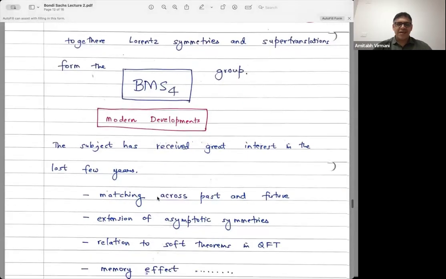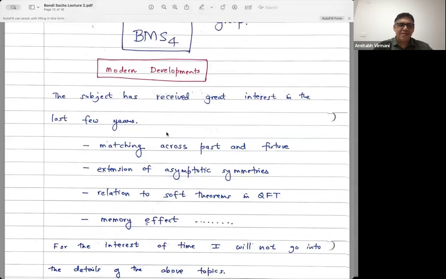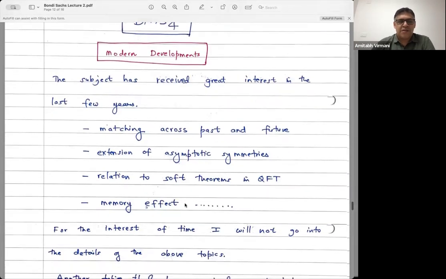Okay. The subject has received great interest in the last few years. The subject was considered to be very difficult and exotic 10 years ago, but now string theorists and relativists and people in between, all sorts of mathematical relativists, are writing lots of papers, and many people are working on this subject. These are the 4 or 5 main topics that people are discussing.